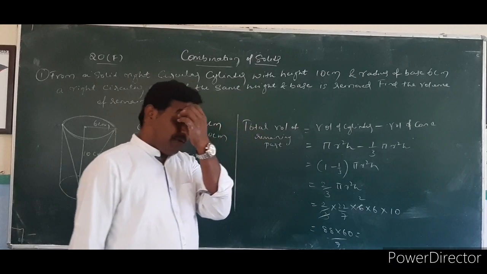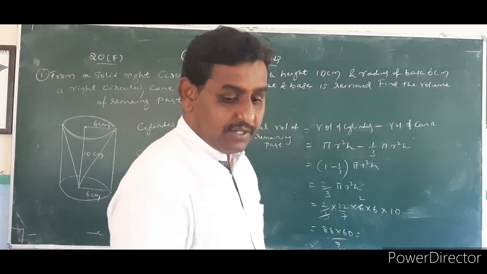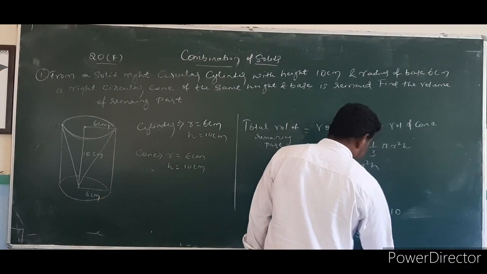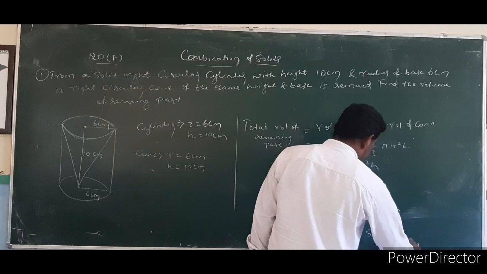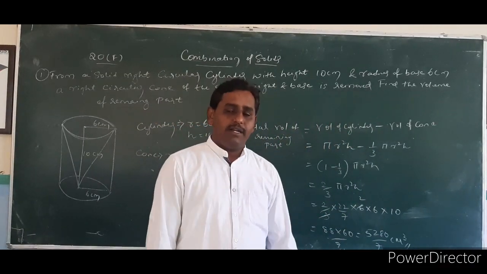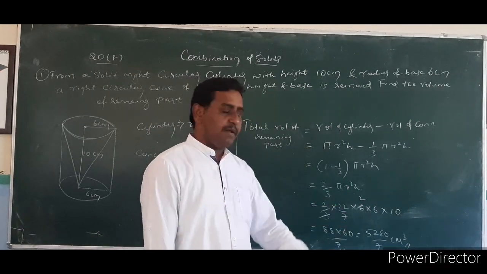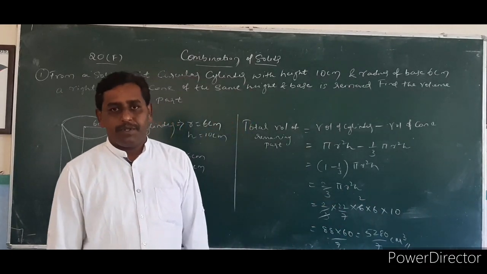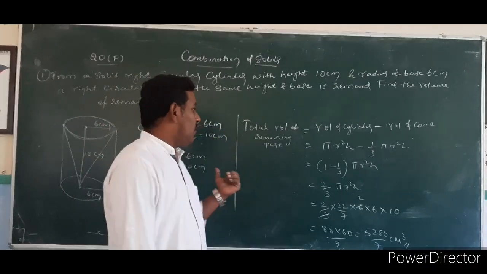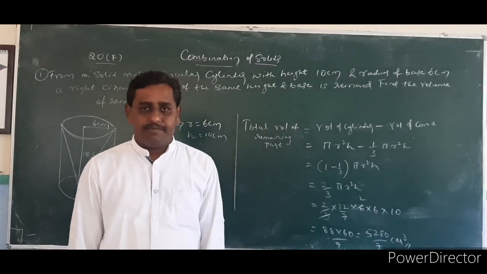If you multiply 88 into 60, you will get 5280 by 7 centimeter cube. If you get a fraction, you can convert into decimal, and centimeter cube because they are given in centimeter. This is the remaining volume after you take out the cone of 6 centimeter radius and 10 centimeter height.